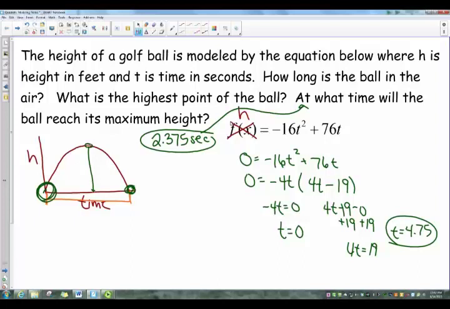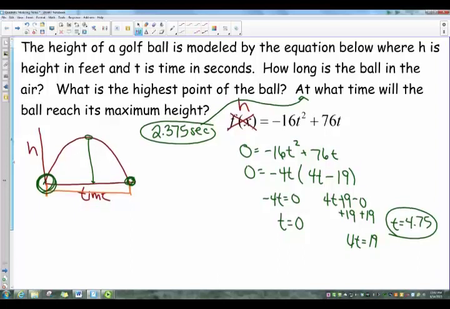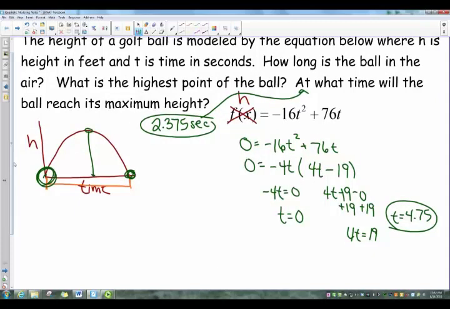Now the last part of this is what is the highest point of the ball. And there's a couple ways you can do this. You can use our vertex formula to solve this out, basically trying to figure out what the maximum is. The other thing is we know that it happens at this time. So our t is 2.375 seconds, so I can just substitute that into my problem and get exactly how high that is.